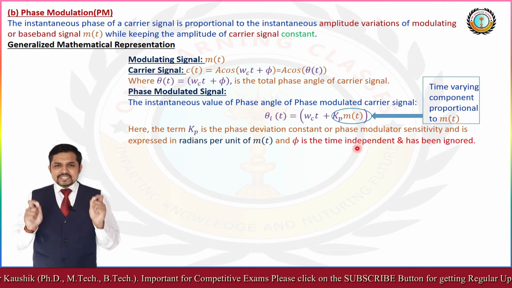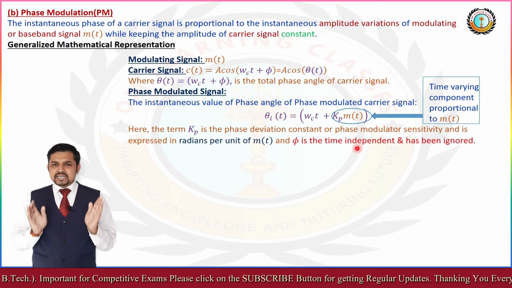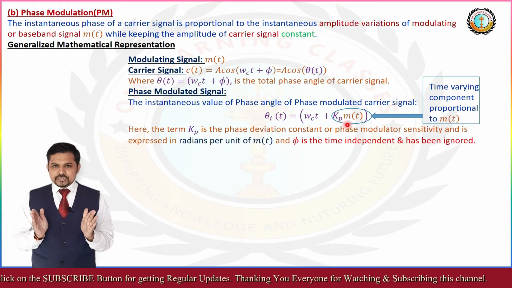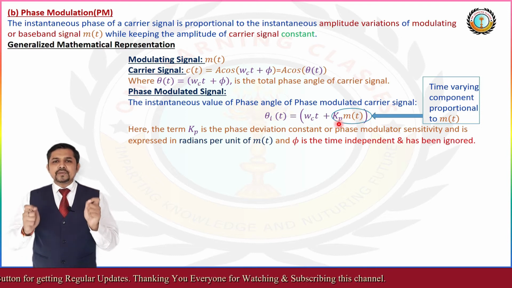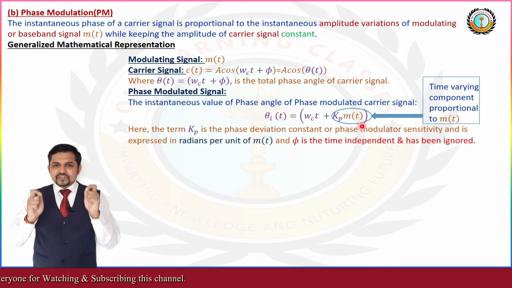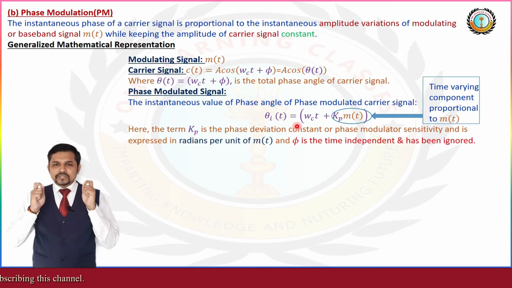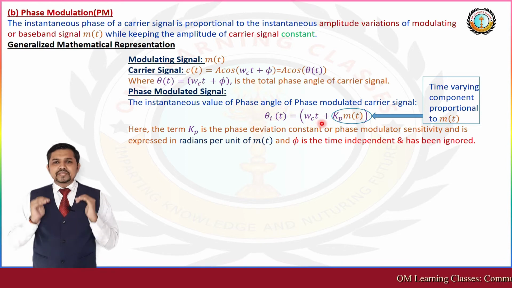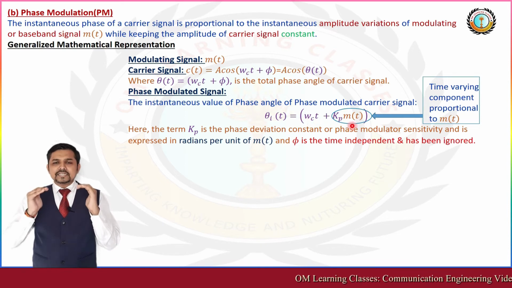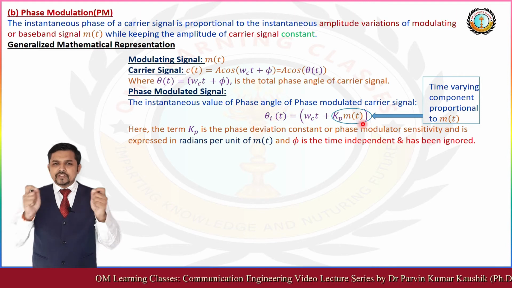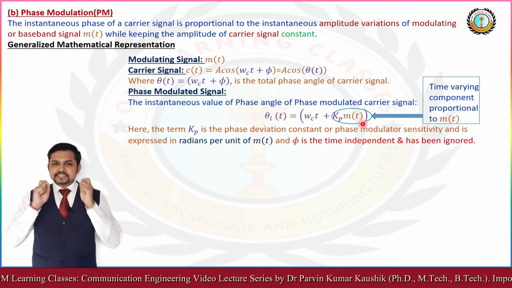So by utilizing Kp, which is our phase sensitivity factor for phase modulation, we have the factor Kp into m(t), and that gives the instantaneous phase change. And with this, omega_c t gives the total instantaneous phase angle of the phase modulated wave, and that is theta_i(t).